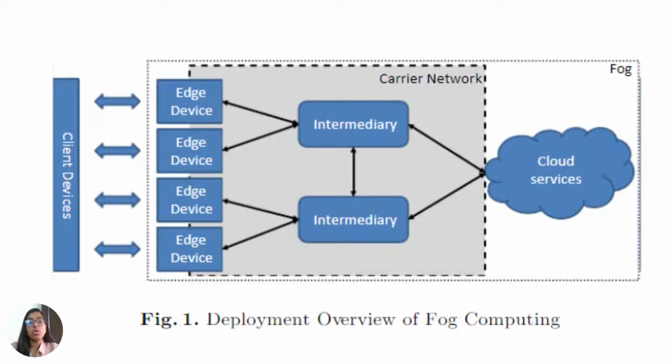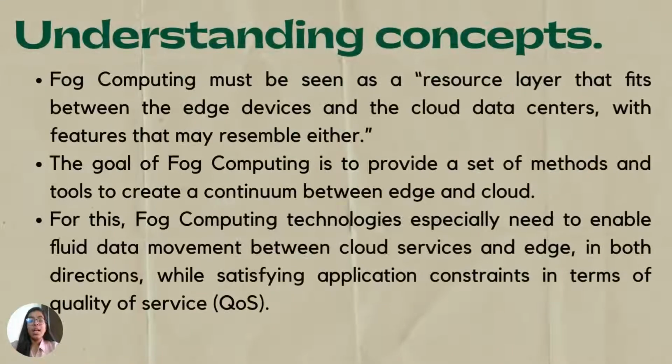Figure 1 shows the high level deployment overview of fog computing. Fog computing is more than just creating a data center in a box, that is the cloudlets, to bring cloud closer to the data producers. Instead, fog computing must be seen as a resource layer that fits between the edge devices and the cloud data centers. The goal of fog computing is to provide a set of methods and tools to create a continuum between edge and cloud.